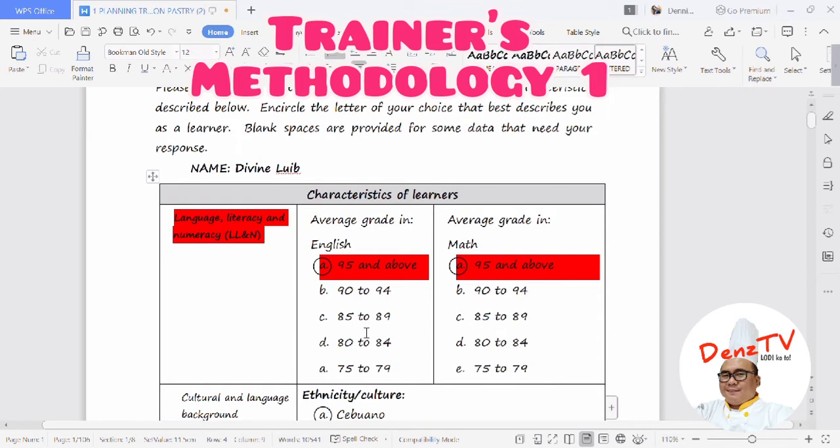Remember, there are two types of learners: fast learners and slow learners. Because there are students who really excel in a particular subject, but there are also learners who are not really good in that subject. Believe me or not.